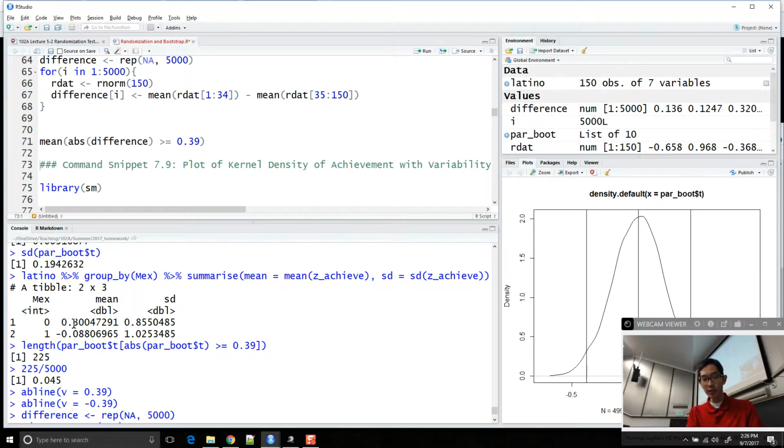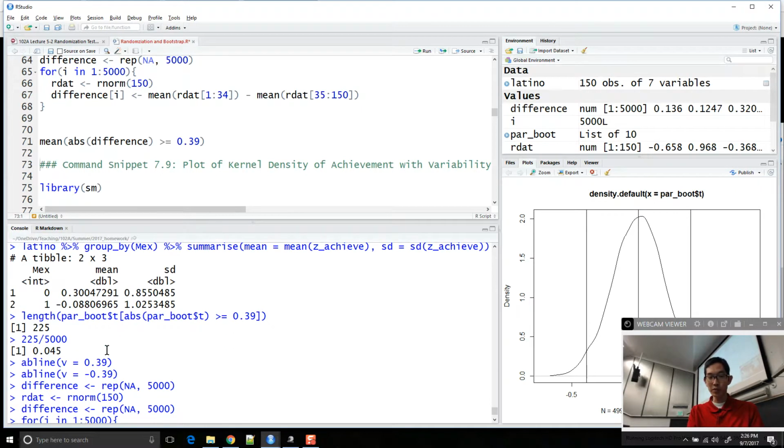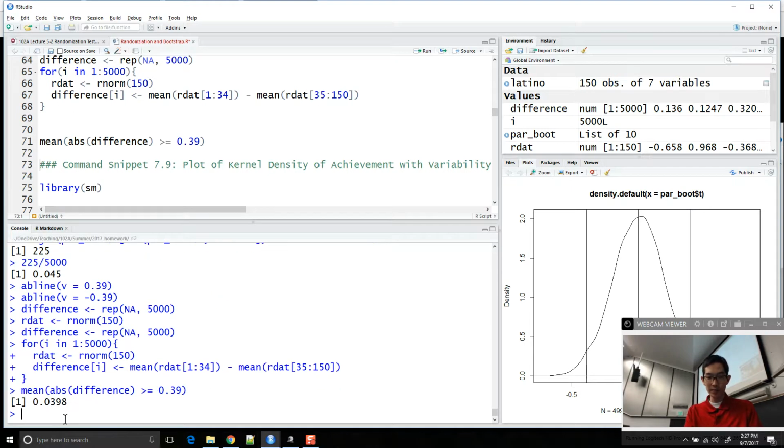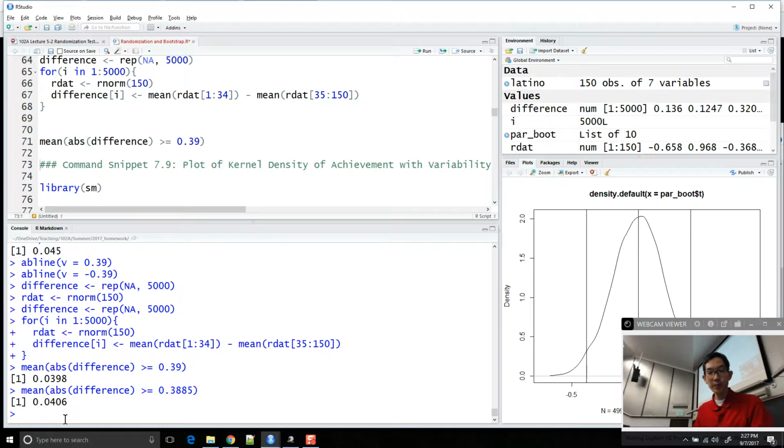That difference is 0.30 minus 0.088, so this difference is basically 0.39, about 0.3885. This is the observed difference between the z-scores of group 1 versus the z-scores of group 2 in our data set.